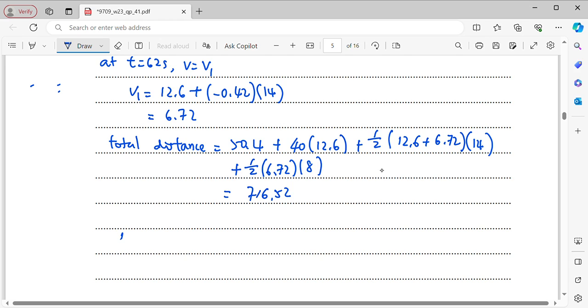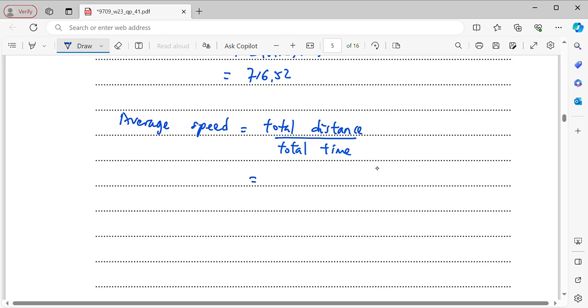So the average speed is total distance over total time spent. That will be 716.52 divided by the time.